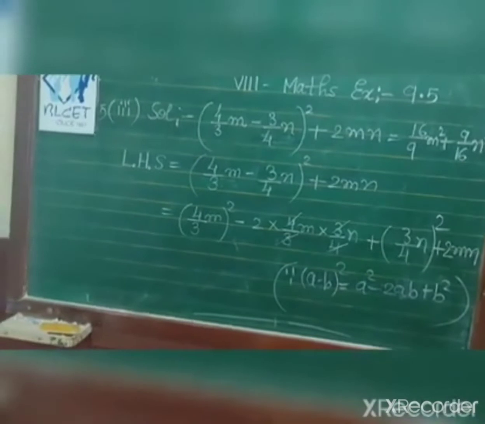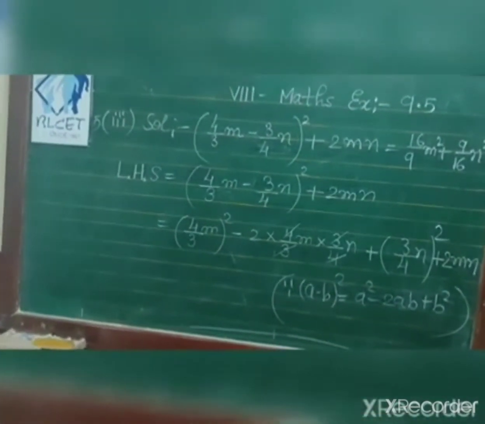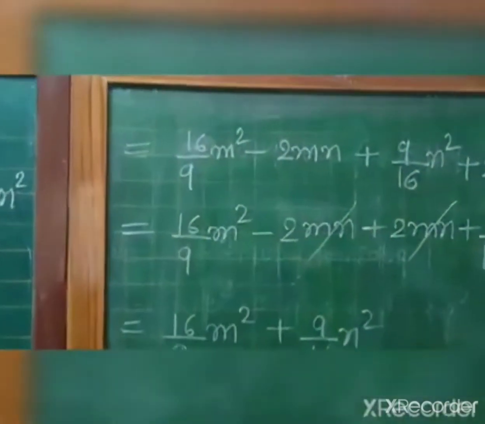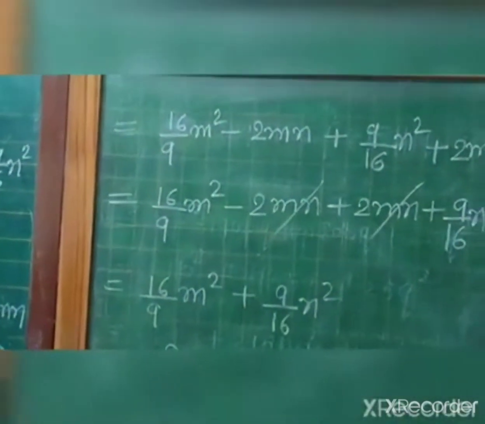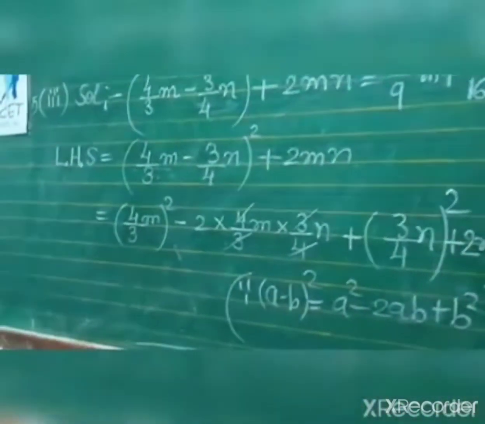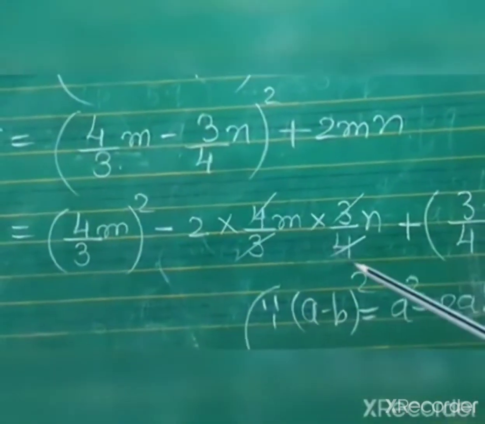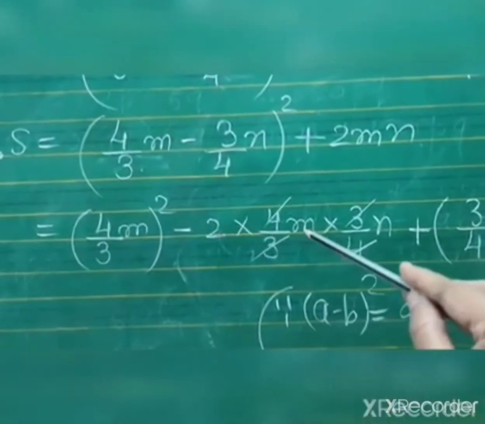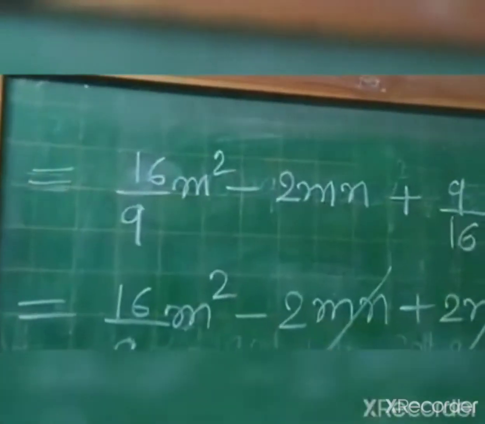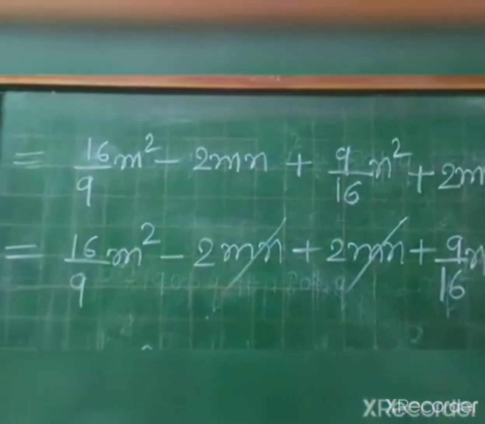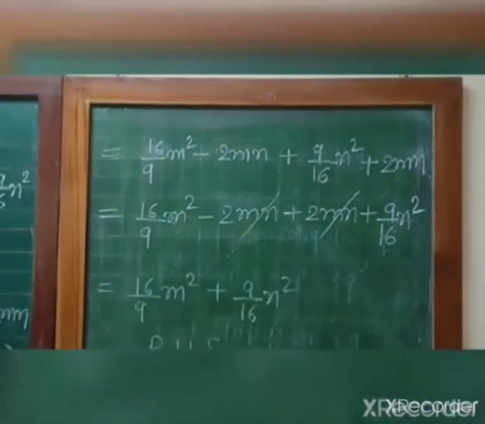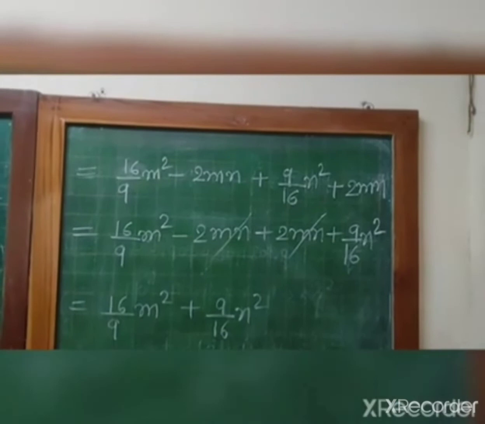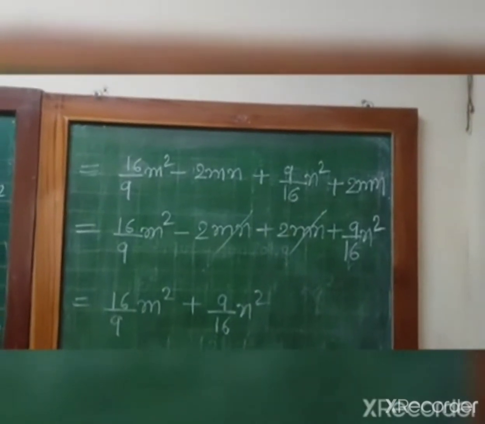4 by 3 whole square is equal to 4 4s are 16, 3 3s are 9, and m square. So you can see here 16 upon 9 m square minus, you can see 4 by 4 cancel, 3 by 3 cancel. So minus 2mn. And 3 upon 4 whole square, 3 3s are 9, 4 4s are 16, and n square, plus 2mn.